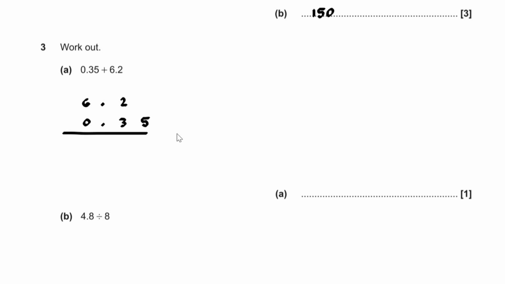And if we add these together, we have 5 in the hundredths column, 2 plus 3, which is 5. So we have 5 in the tenths column. And for the units column, 6 plus 0 is 6. So we end up with 6.55.